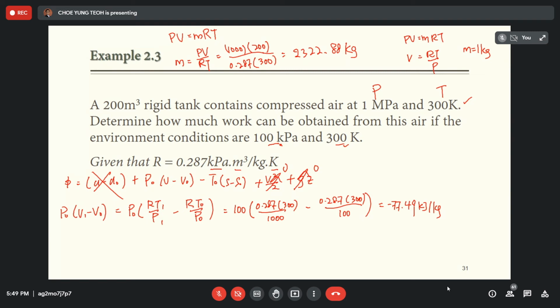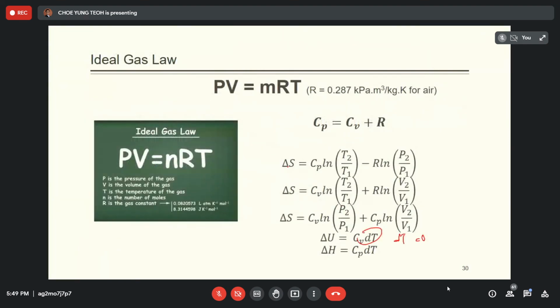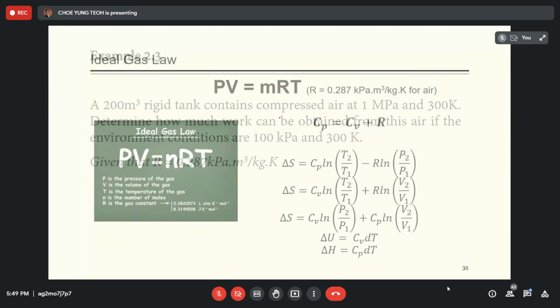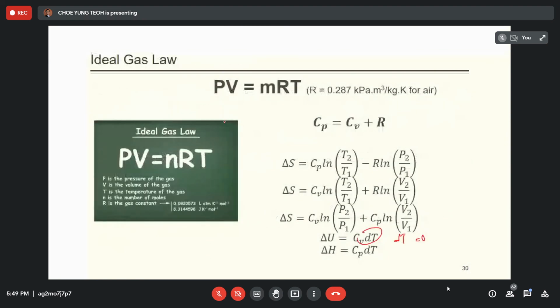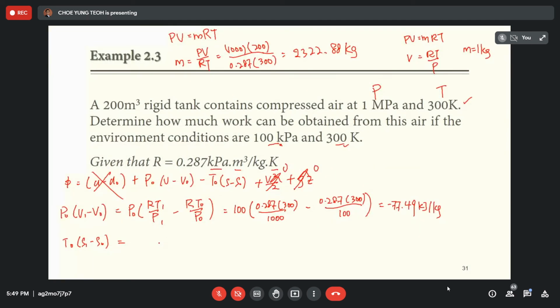Okay, so the second term we need to get is the irreversibility, T0 (S1 minus S0). So from here, I can get it from this one, delta S. Let's say I use the first equation, Cp ln T2 over T1 minus R ln P2 over P1. So the first term, T0 remains, you write T0.